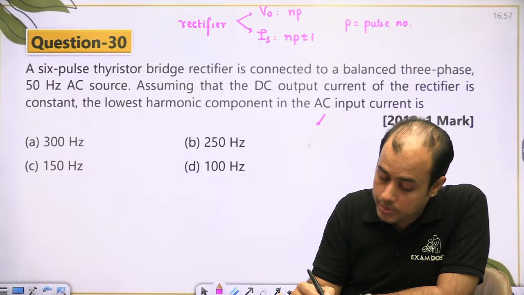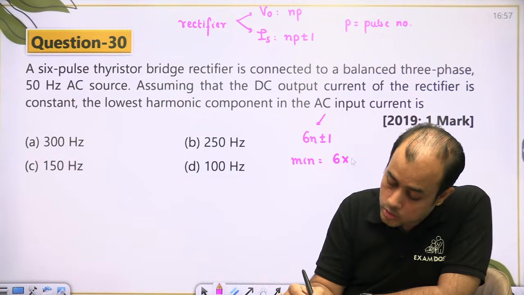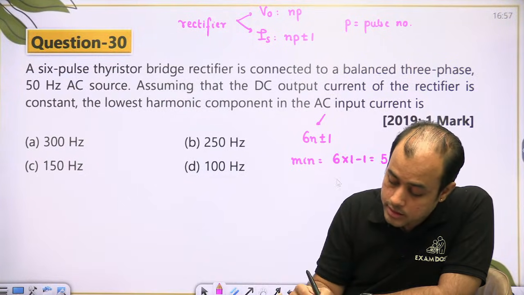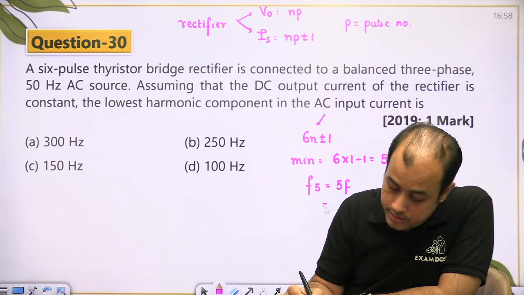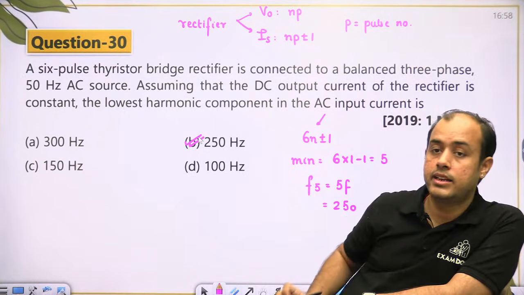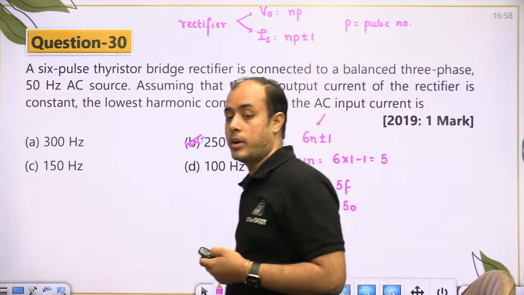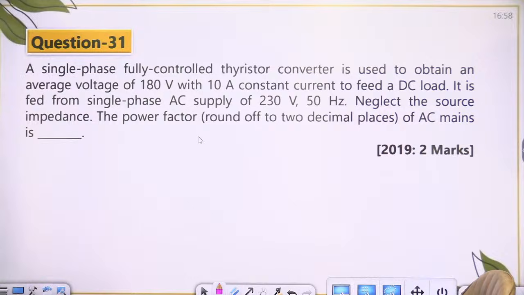So it is talking about 6 pulse converter AC input current. So minimum order 6 into 1 minus 1, 5. Frequency of fifth harmonic is 5F, which is 250. So just remember this basic concept. You can judge the frequency of harmonic on output and the input side. Chaliye next one. Power factor I have to tell for the AC supply. Input power factor.